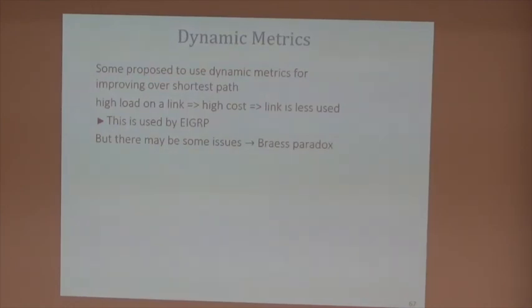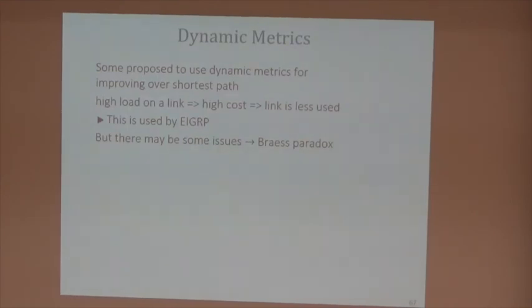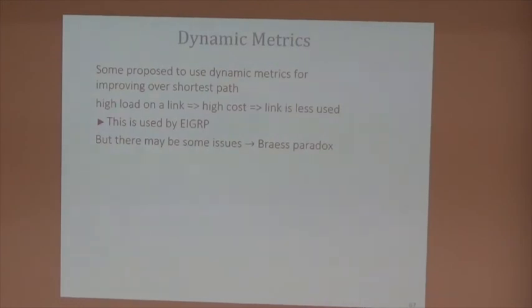Instead of having static link metrics that depend on the capacity of every link, you want to match not just the capacity, but also the traffic situation. So the idea is to monitor what happens on a link. The higher the load on a link, the higher its cost. So this is used by some routing protocol like EIGRP that I'll discuss a bit again later.